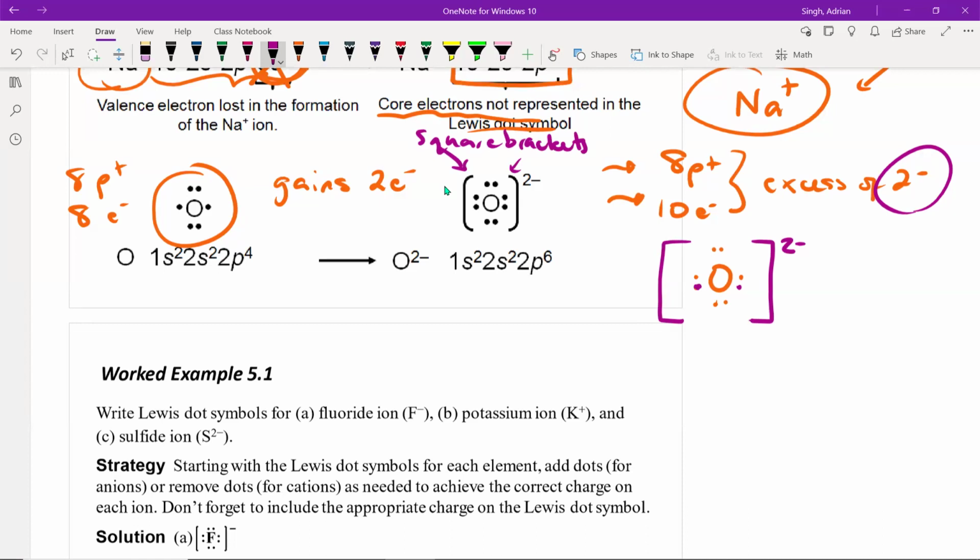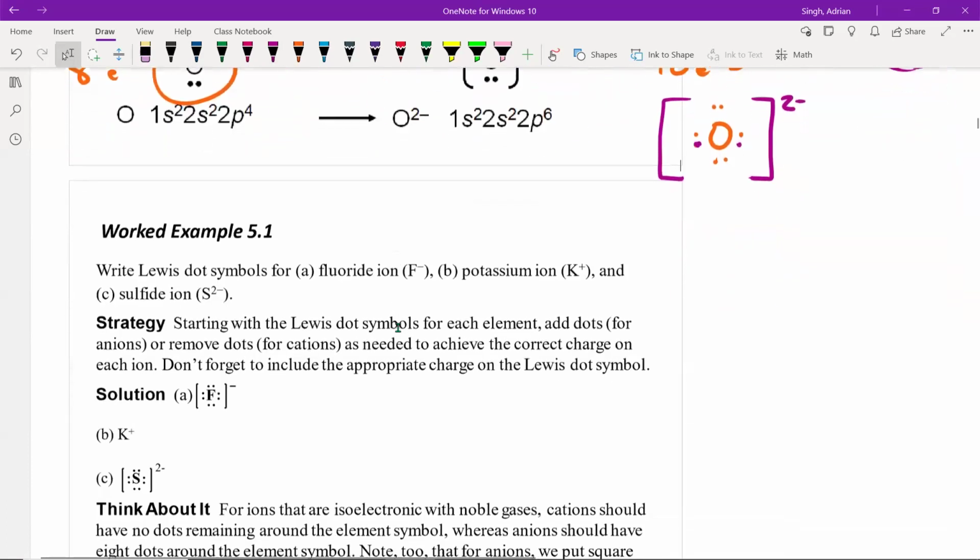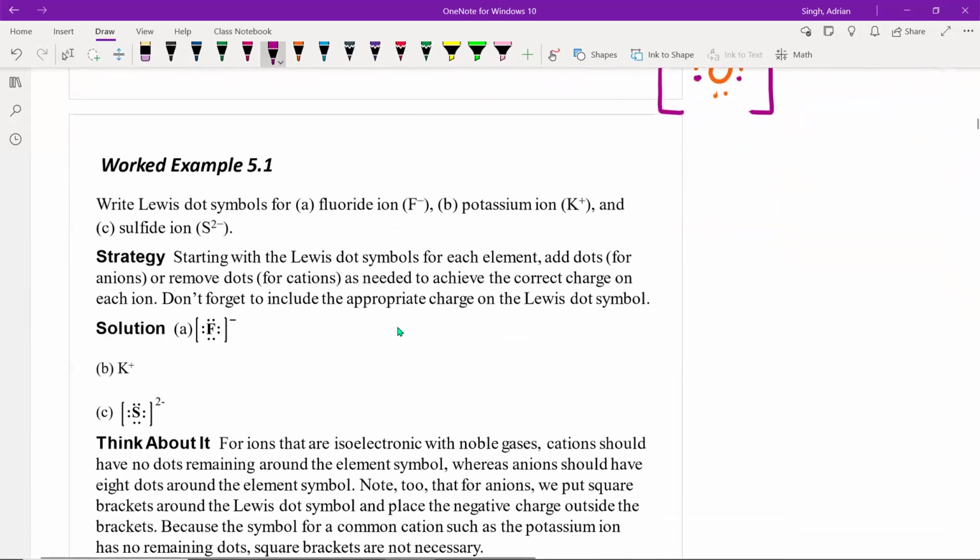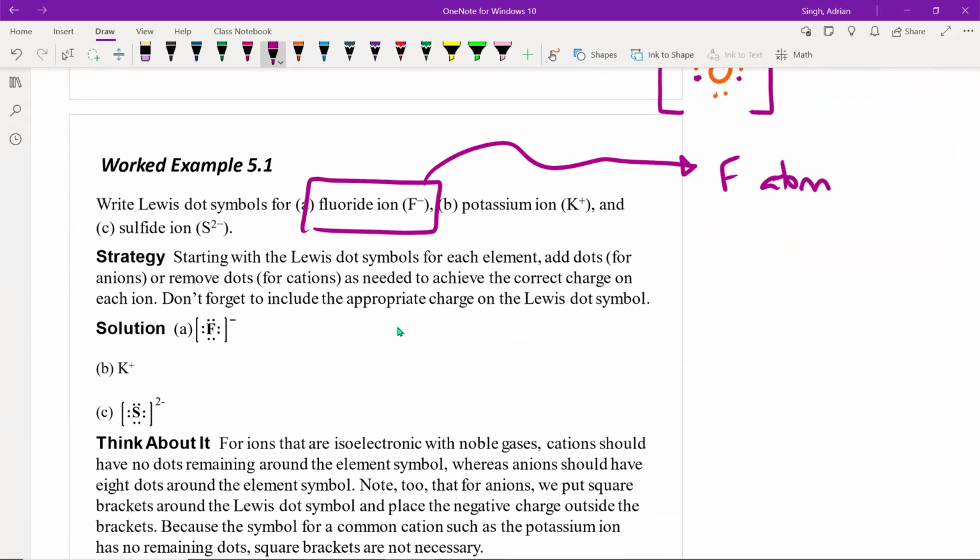All right, let's take a look at another example, and let's do the fluoride ion, F minus. Okay, we'll kind of walk through this. So we've used fluorine already. The fluorine atom has 7 valence electrons. So we have F, 1, 2, 3, 4, 5, 6, 7.